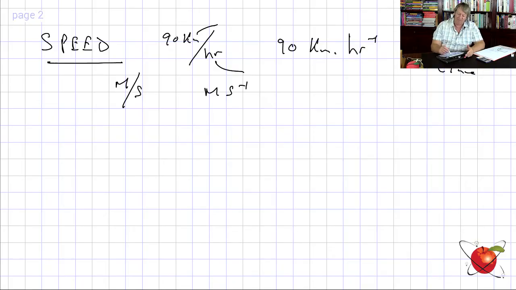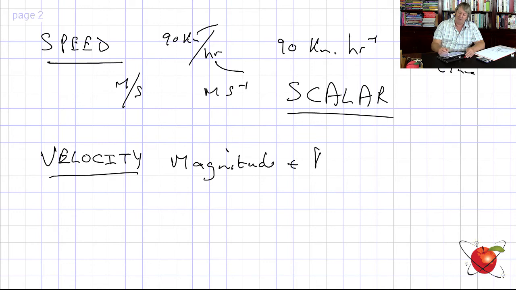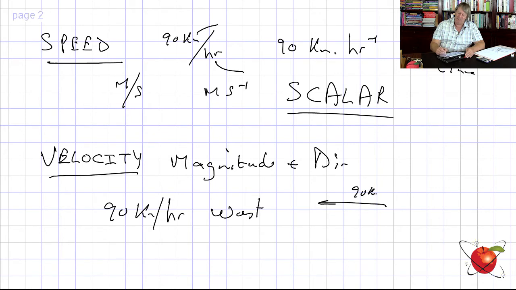Which way is the velocity. The velocity, all right, so speed is a scalar because it doesn't give me a direction. Velocity gives me magnitude plus direction because I tell you 90 kilometers per hour west, which means I go 90 kilometers per hour that way.